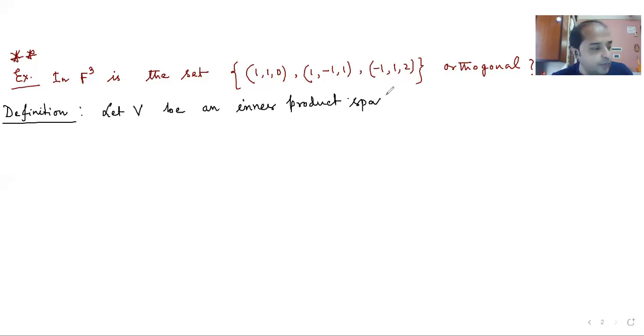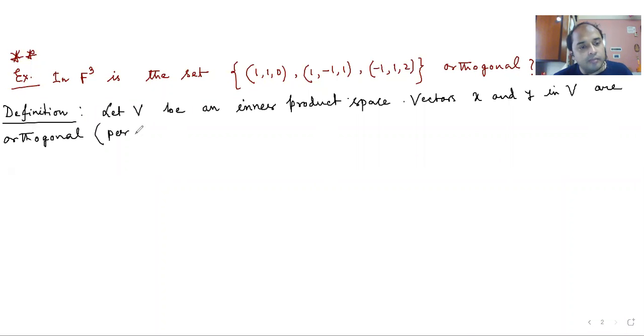Vectors x and y in V are orthogonal, or perpendicular, if the inner product of these two vectors is equal to 0.